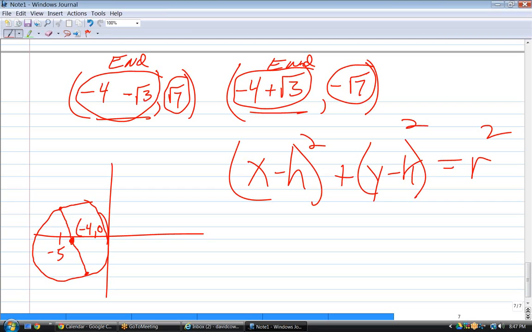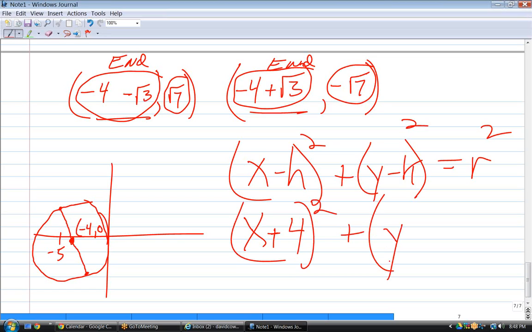So now I know my equation. It's x minus the x coordinate, or x plus 4 squared, plus y minus the y coordinate, 0, squared, equals the radius squared, which has to be 4 squared. So there's the equation of the circle.